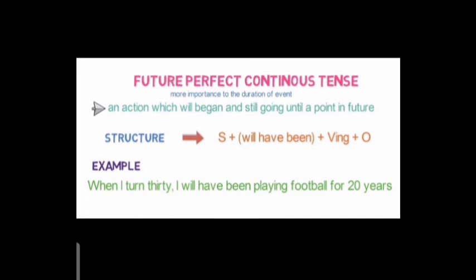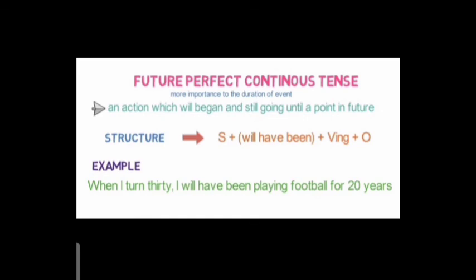Let's look into the last tense. Future perfect continuous tense. It refers to an action which will have begun and is still going on until a point in the future. Here also more importance is given to the duration of the event. The structure of it is subject plus will have been plus verb's ing form plus object.